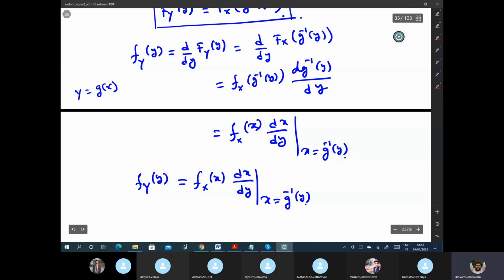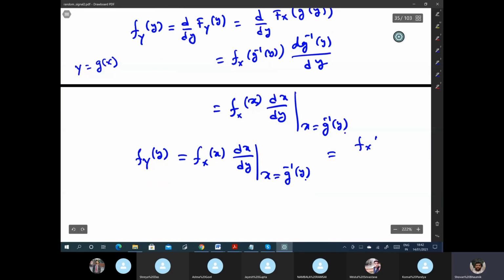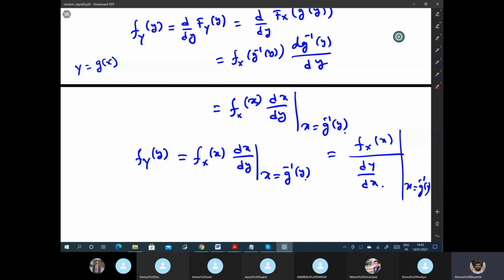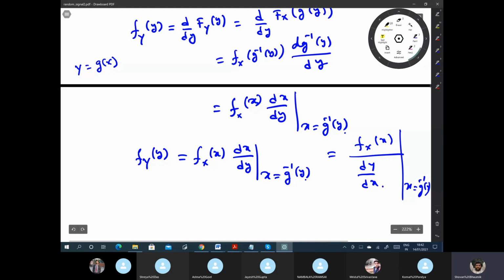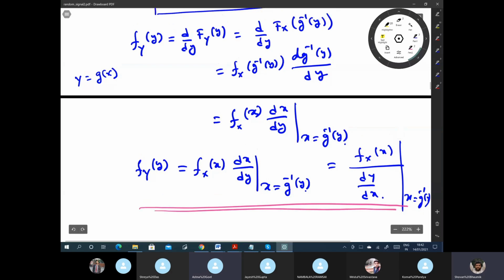This is the same, but some books write it as f_X of x divided by dy by dx at x equals g inverse y. So tell me, does everybody agree with this derivation? This is also a very important relation.